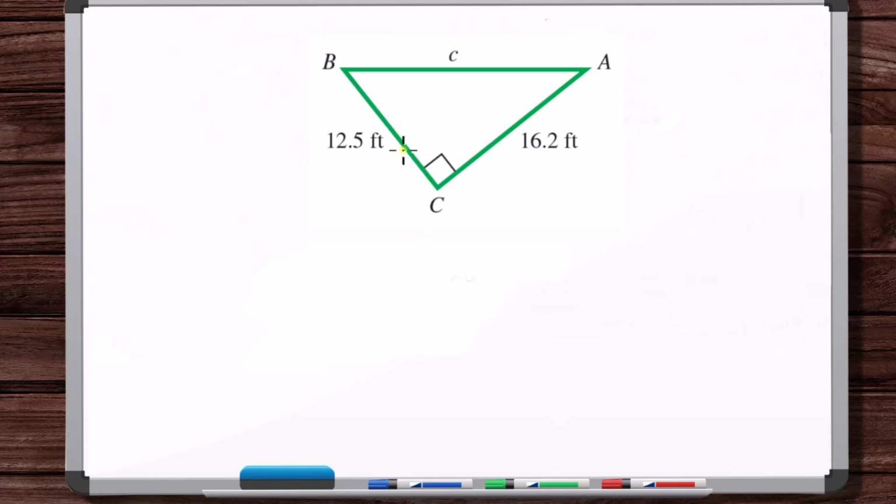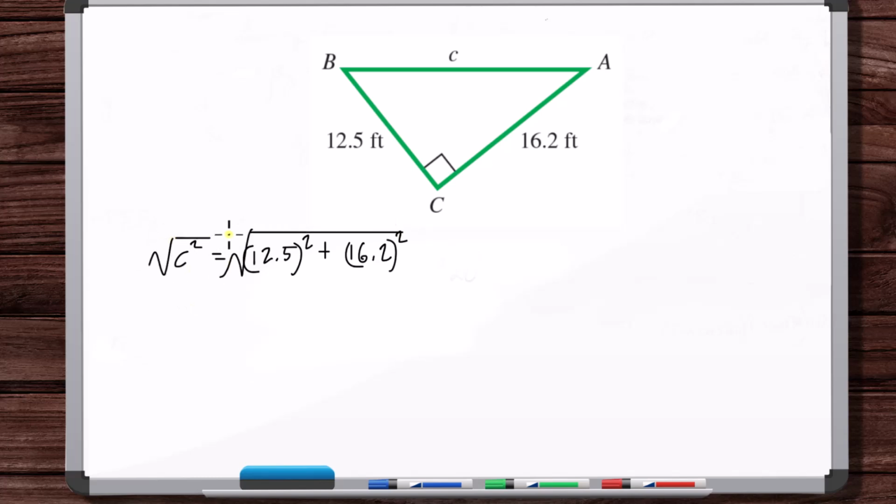Okay, so we can start by just doing the Pythagorean theorem to get C, and you just remember that the hypotenuse is the side that's opposite the right angle. So C is the hypotenuse. So we've got 12.5 squared plus 16.2 squared, and that's going to be C squared.